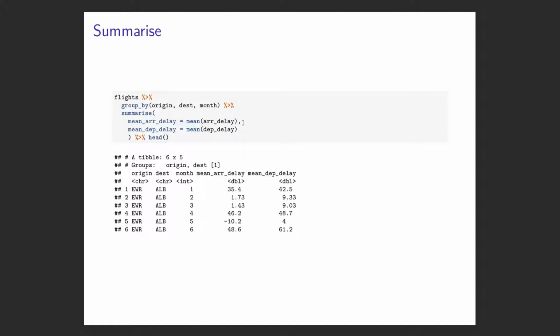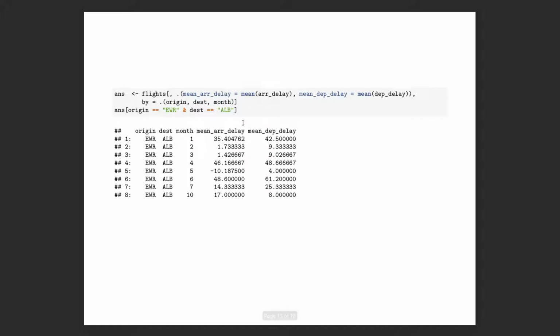So how are we going to do that in data table? Well, we're going to use two. First we've got the first comma, because we don't need to filter, we don't need to order. The second argument says, right, remember, we're going to create ourselves some new stuff here. So what's it going to do?